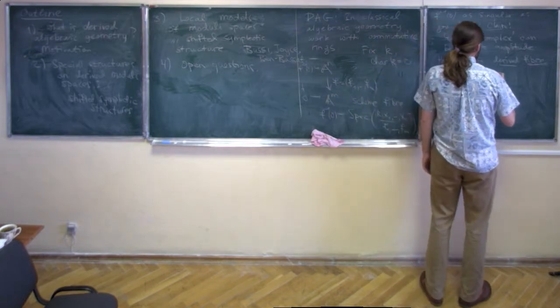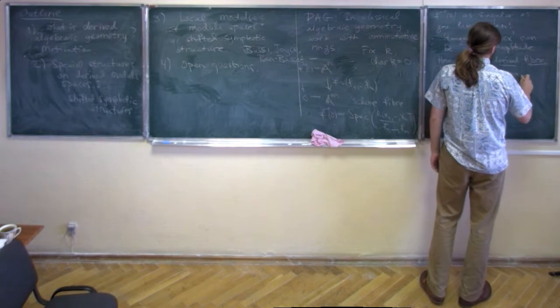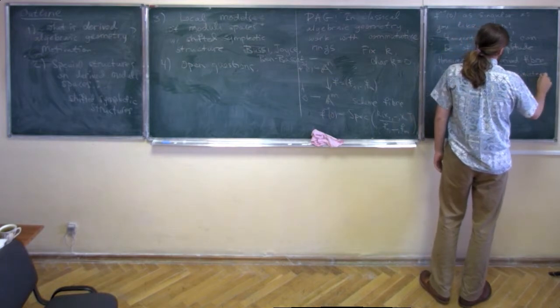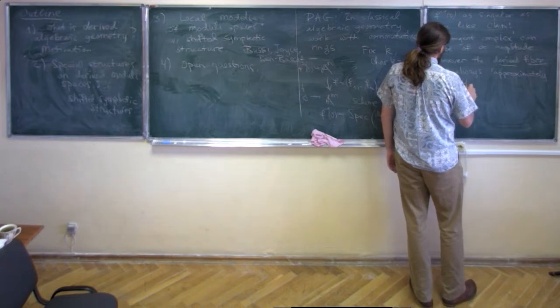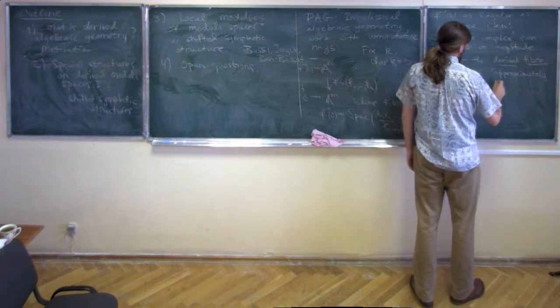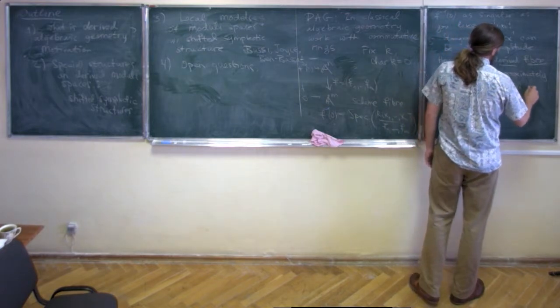This is always somehow approximately smooth. And this can be called a quasi-smooth derived scheme, or a virtual complete intersection.